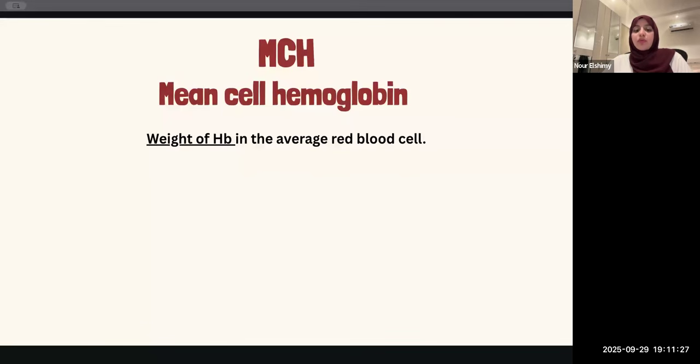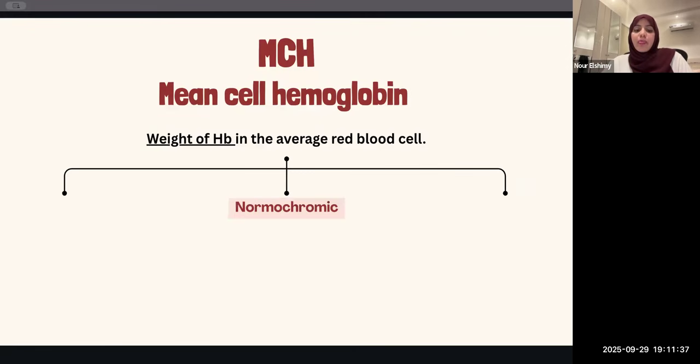So, if we're talking about weight, we're talking about the color. The amount of hemoglobin in the red blood cell tells us about the color, all right? So if we have a normal weight of hemoglobin in an average red blood cell, we're going to call it normochromic. Normal, again. Chromic means color, all right?